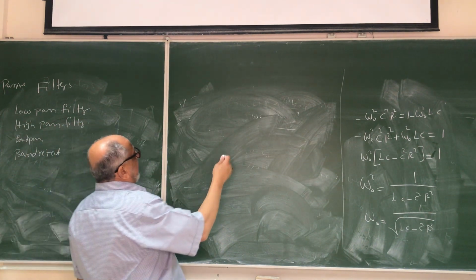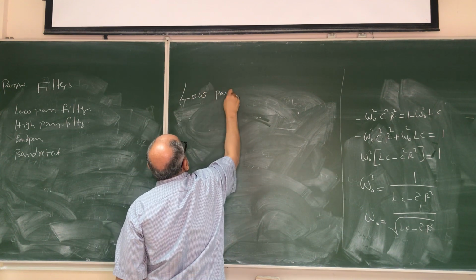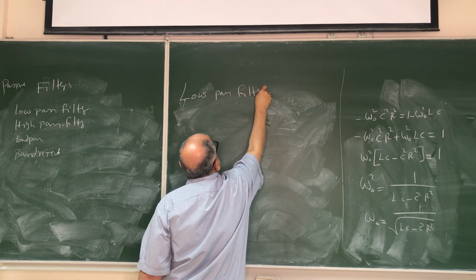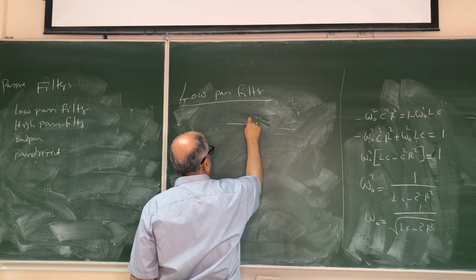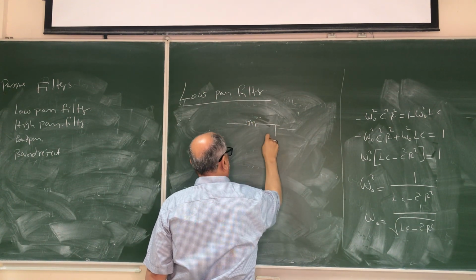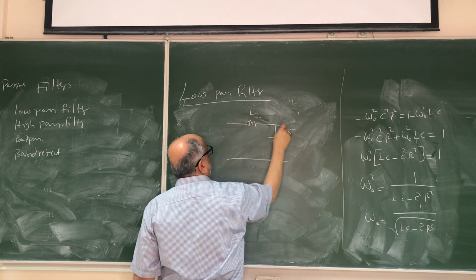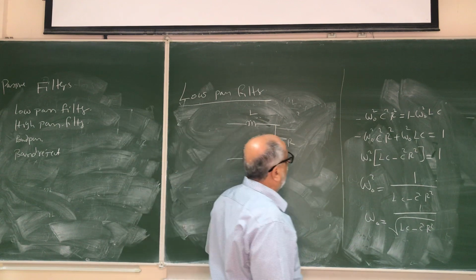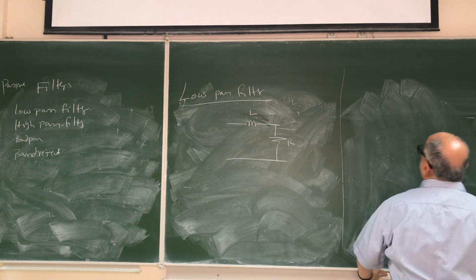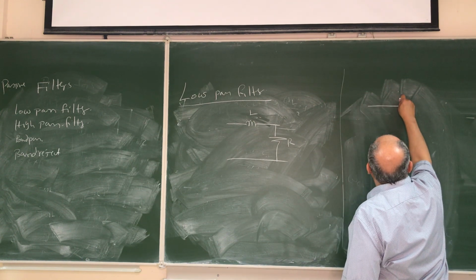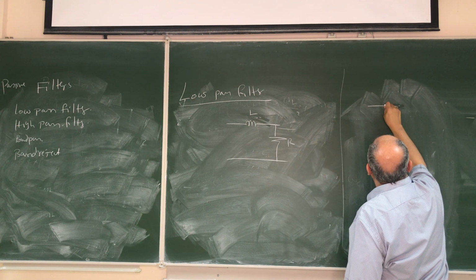Now we can implement the filter, let's say the low pass filter, and we'll stick to the first order. We can implement the low pass filter using RL, or we can use RC.